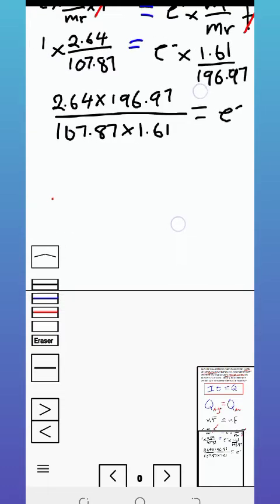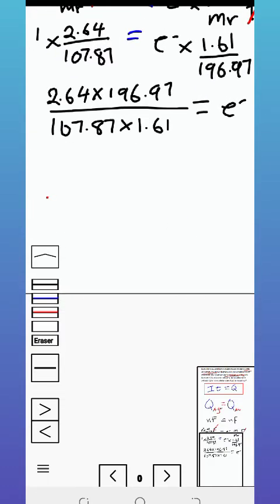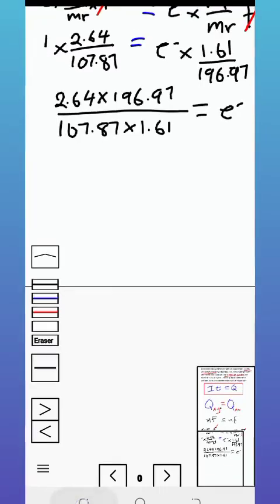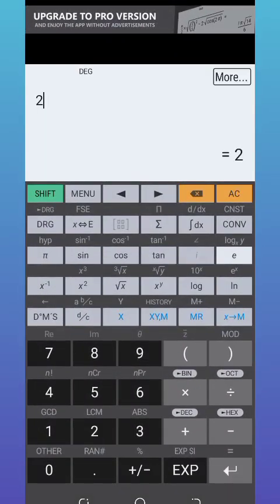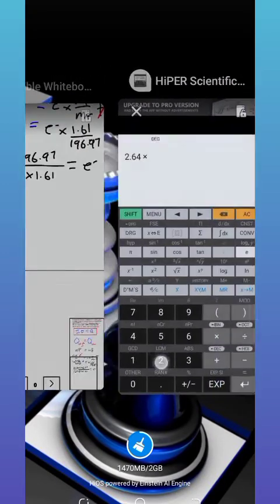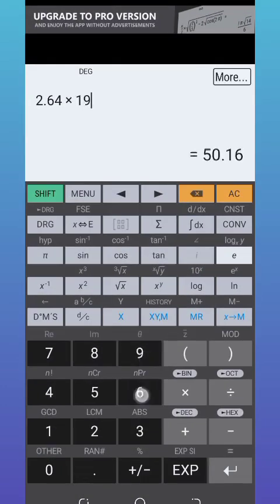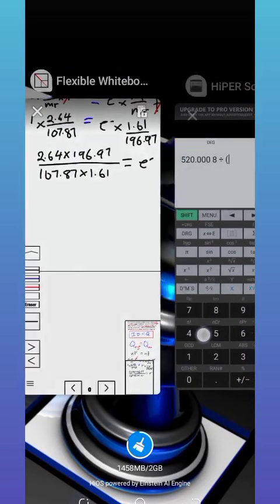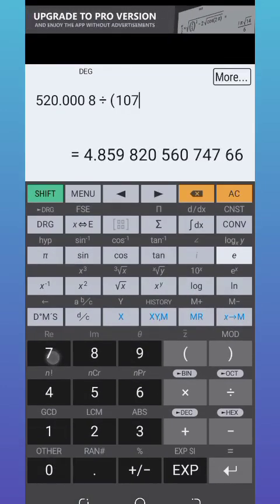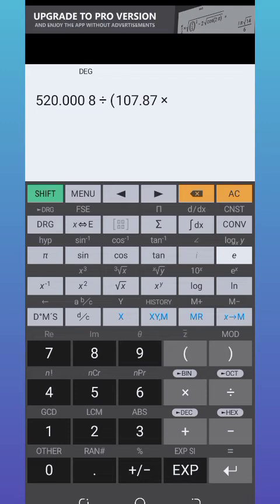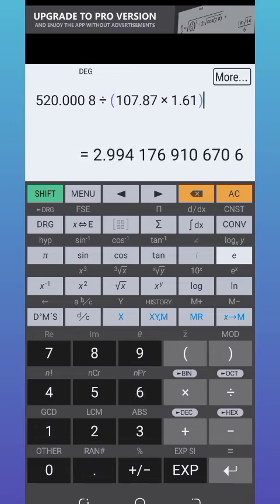Let's punch this in on the calculator and see what we're going to have. 2.64 multiplied by 196.97, then divided by 107.87 multiplied by 1.61, and we're having 2.99.